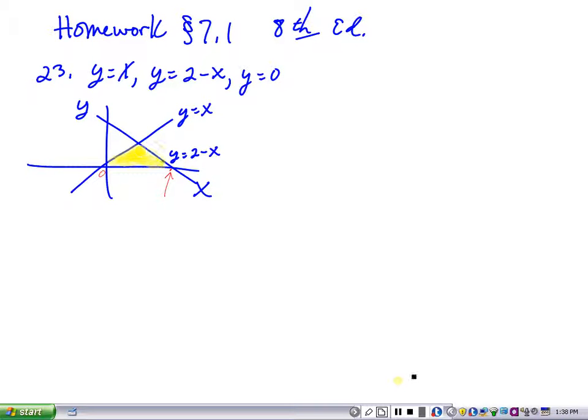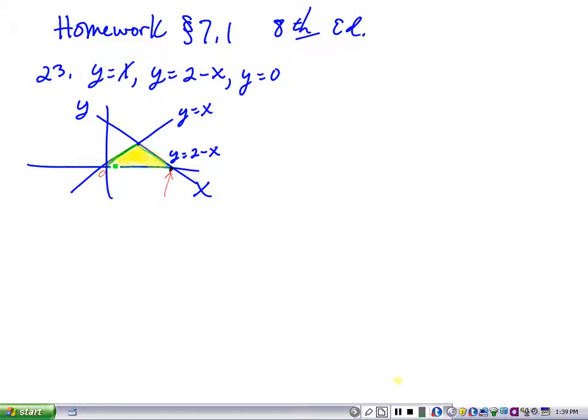So to find this point, we set the two graphs equal. Notice that the line y equal to x is this guy, and the line y equal to 2 minus x is this line. And the line y equals 0 is here.